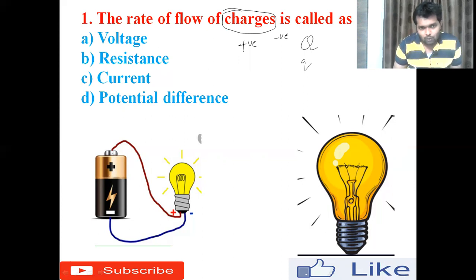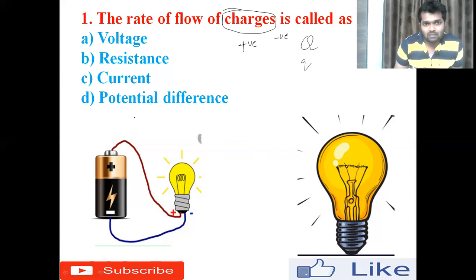From this cell, the positive terminal and negative terminal are connected to a bulb. The voltage or pressure makes the electrons move in the circuit. When the electrons move in the circuit, obviously the current will flow, charges will flow, so then the bulb will glow. This is what we call voltage.